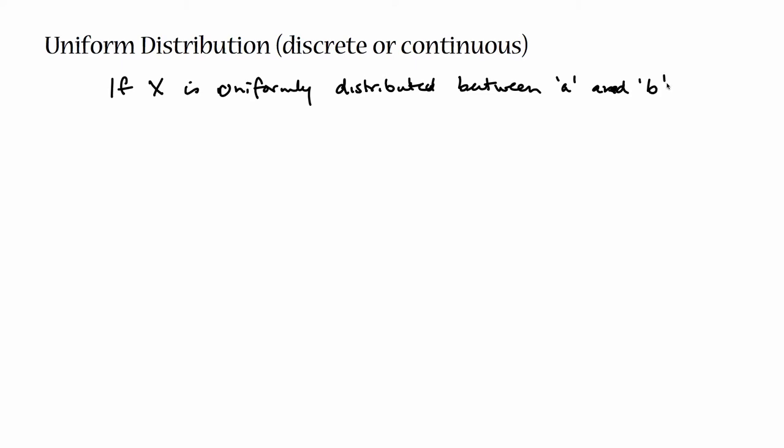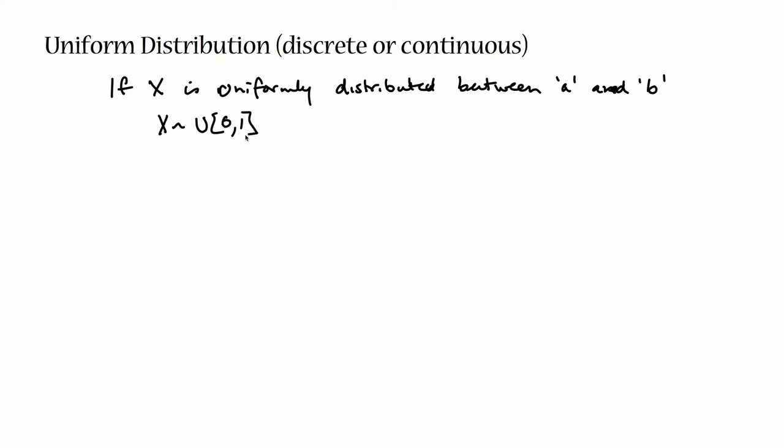So the first continuous distribution can actually be either discrete or continuous, and it's the uniform distribution, which just means if a random variable is uniformly distributed between values of a and b, most often it'll be a uniform distribution between 0 and 1, which we say x is uniformly distributed between 0 and 1.